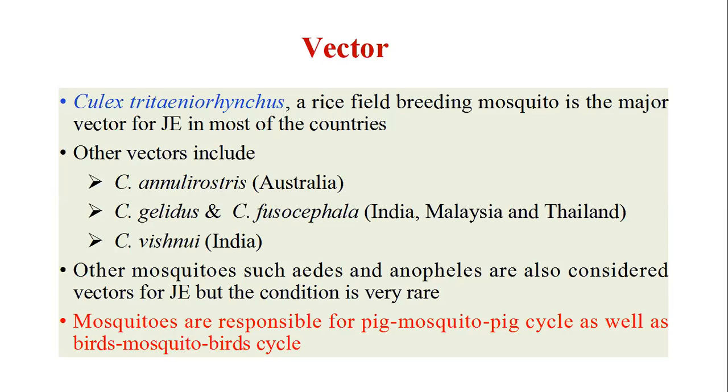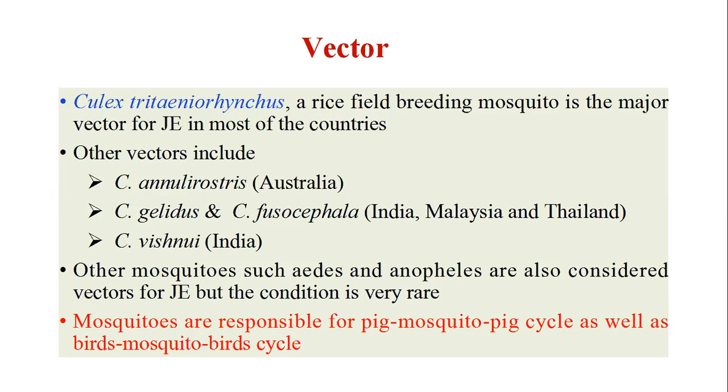Other vectors include Culex annulirostris, the Australia-specific species, then Culex gelidus and Culex fuscocephala, which are India, Malaysia, Thailand born species, and then Culex vishnui, the India-specific species of Culex mosquito.